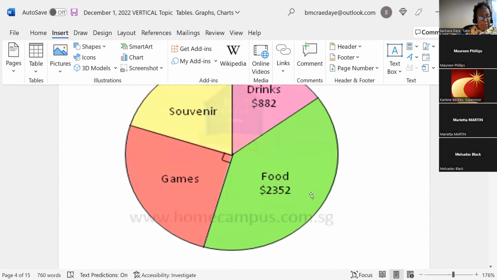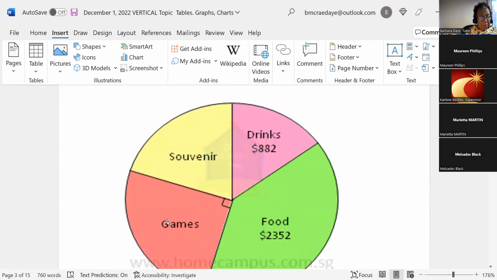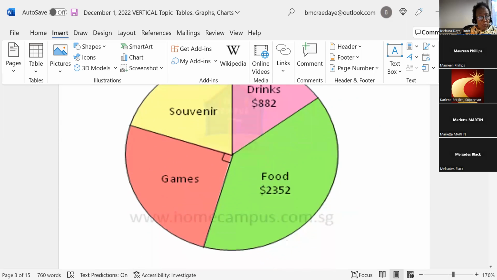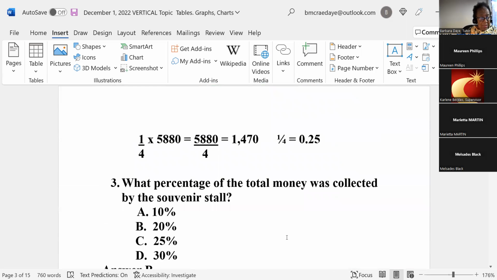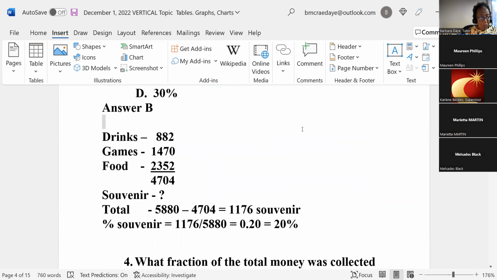Let's go back up to the pie chart. Once you get games, we just calculated, drinks, food, souvenirs, the only one you don't know, but you know that they all add up to 5,880. So you do exactly what Mercedes said. You add up your drinks, your games, and the food, subtract it from the total. That gives you the amount for the souvenirs.